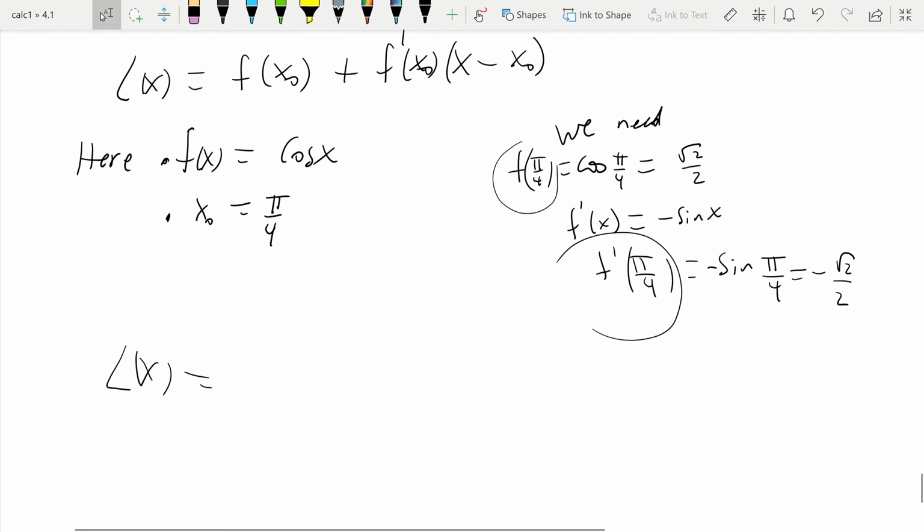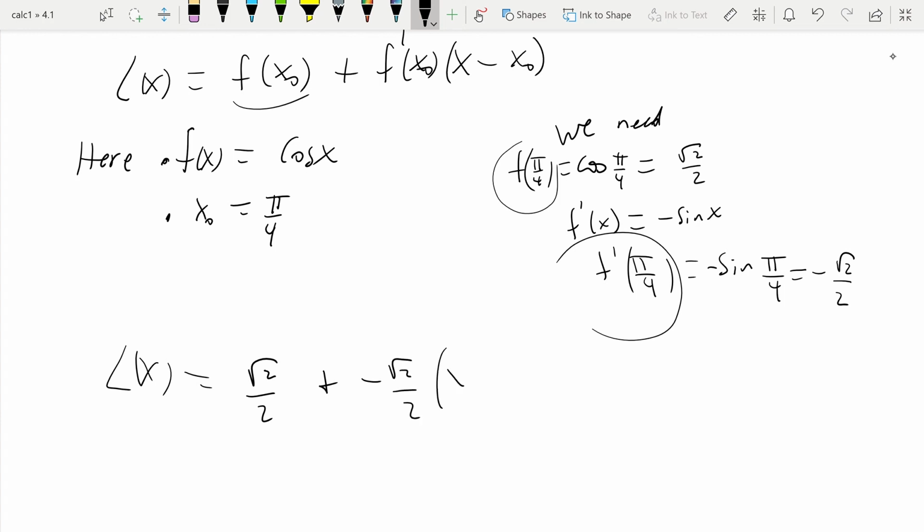L of x is just square root 2 over 2, which is f at x naught, plus f prime at pi over 4, which is minus square root 2 over 2, times x minus pi over 4.